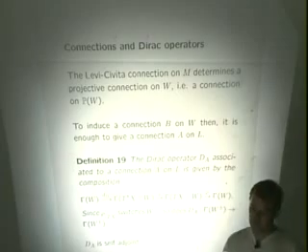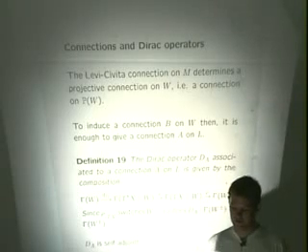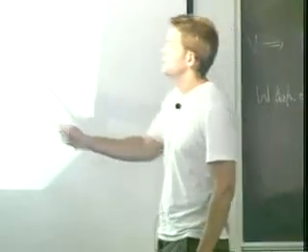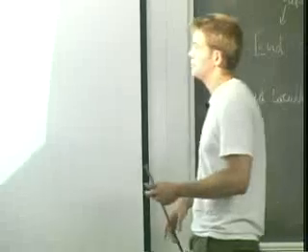The Clifford algebra and the endomorphism algebra of W, or the projective bundle of W, are all canonically determined by the tangent bundle. So as you parallel transport tangent vectors, you can correspondingly parallel transport in these bundles. So you get a connection induced on the projective bundle or the endomorphism bundle of W.